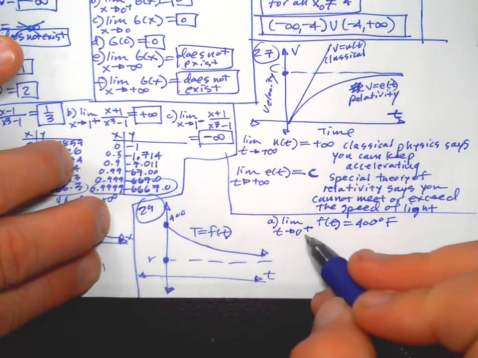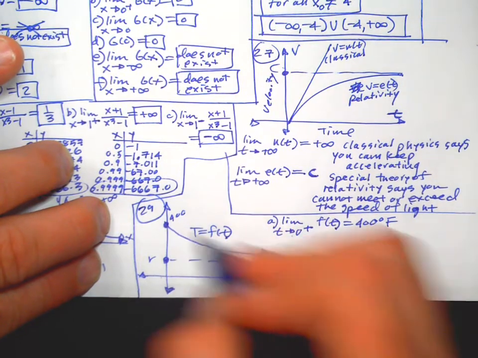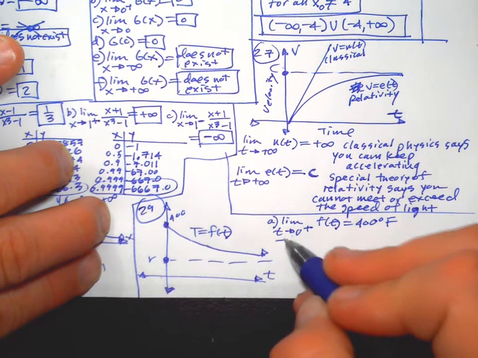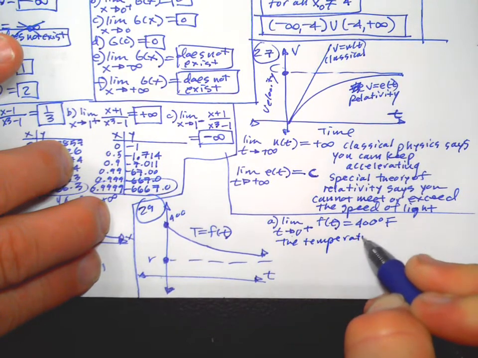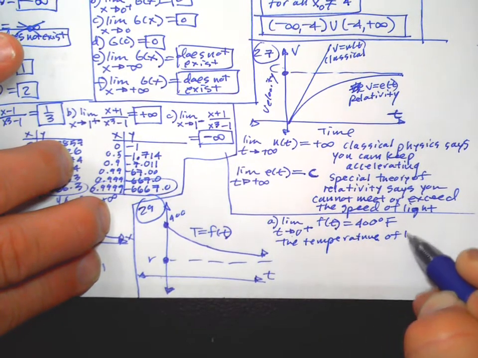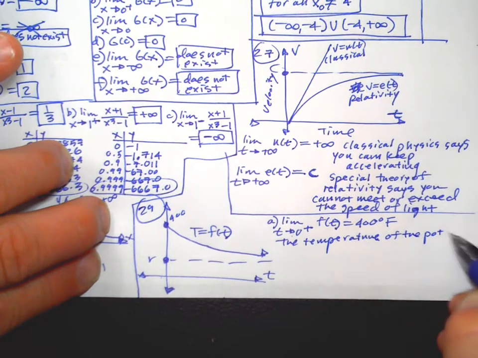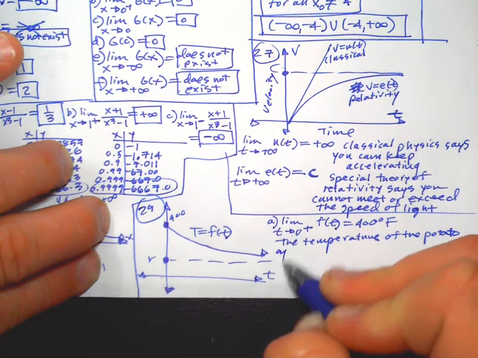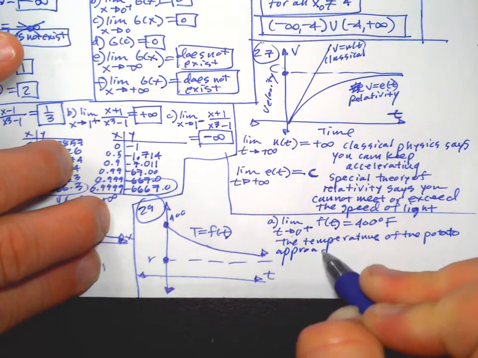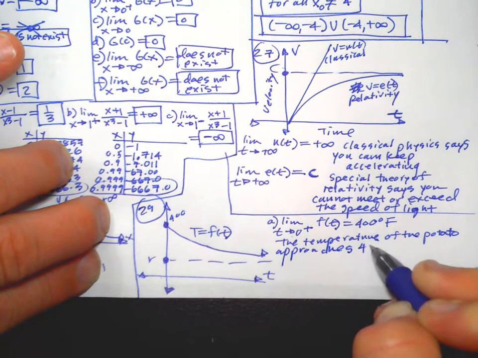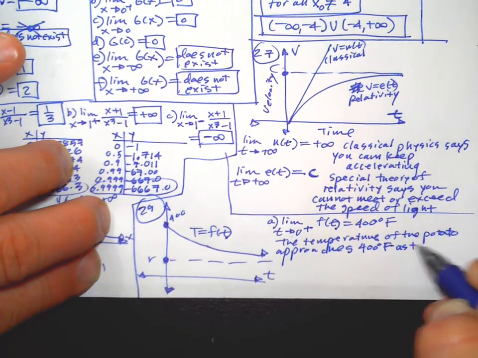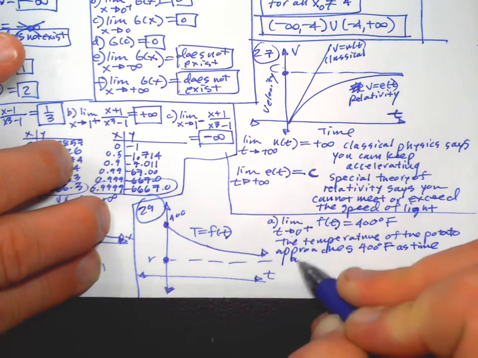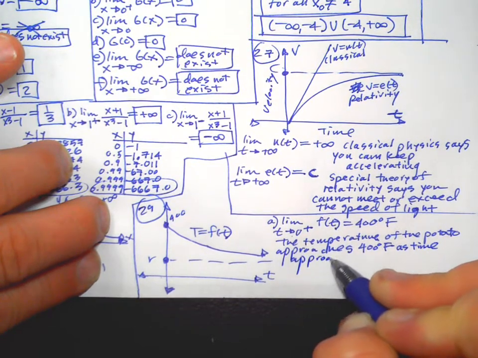And so as you approach 0 from the right, as you go back in time towards time 0, the temperature of the potato approaches 400 degrees as time approaches 0, approaches its initial temperature.